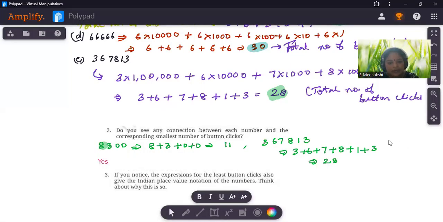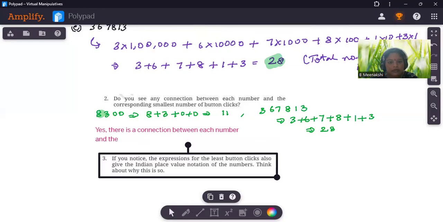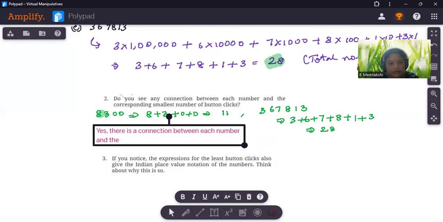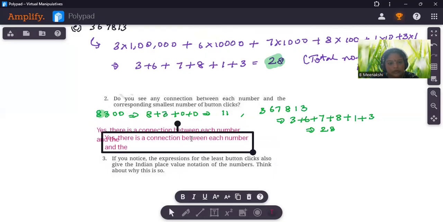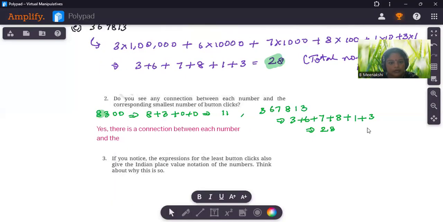Yes, there is a connection between each number and the corresponding smallest number of button clicks.